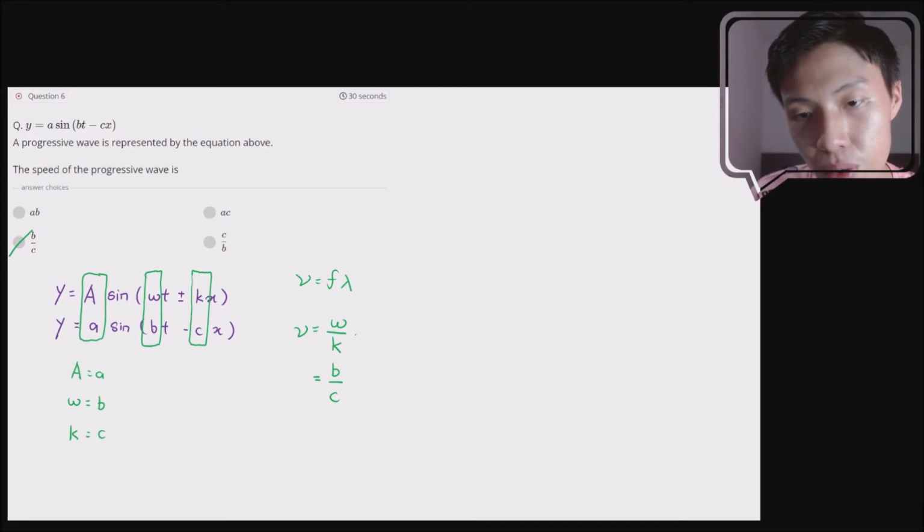Okay, so if you want to see whether this equation is correct or not, you can do omega times 1 over k. Omega is 2 pi frequency. k is 2 pi over lambda. So 1 over k will be lambda divided by 2 pi.